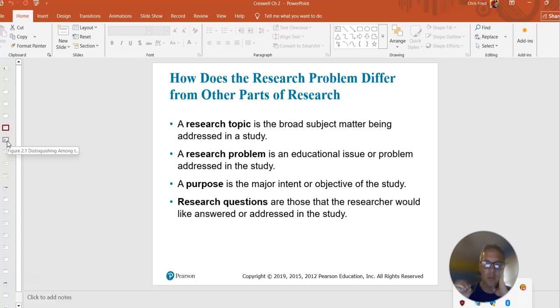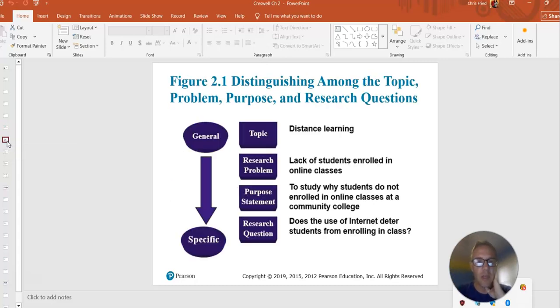In the book, they'll go into a little more detail within those parts of research. And as we go down, it gets a little more specific throughout the PowerPoint. I wanted to give you a general overview of the different parts of research, the generalized differences between the research problem and your question, purpose statement, topic, etc.